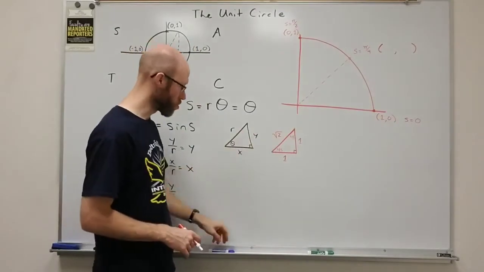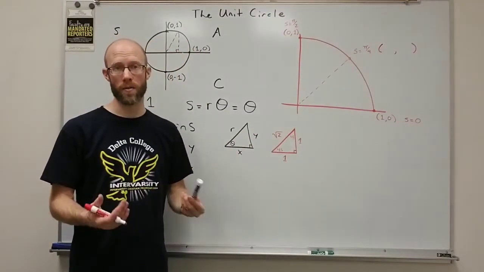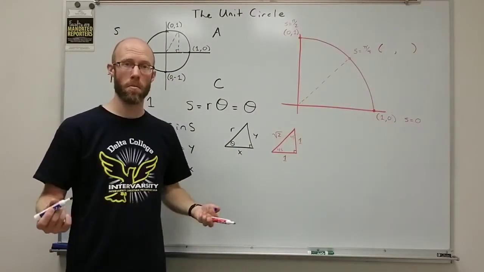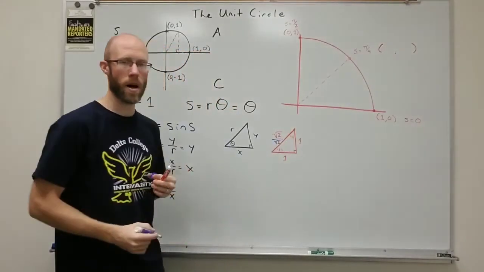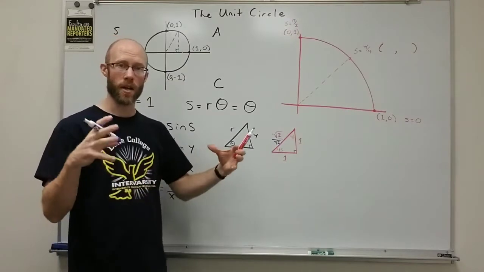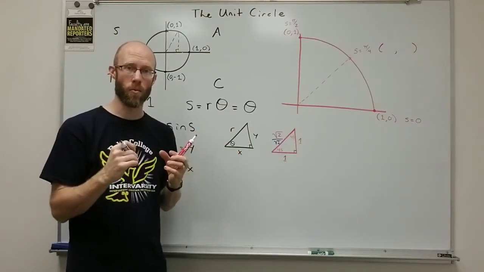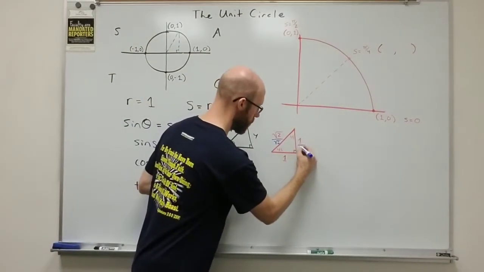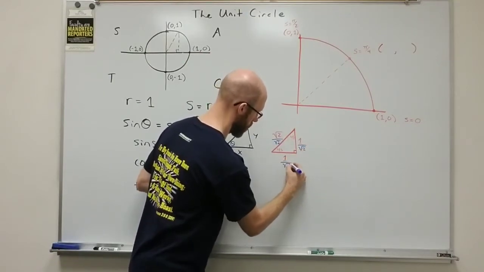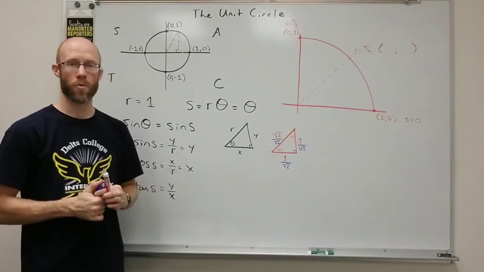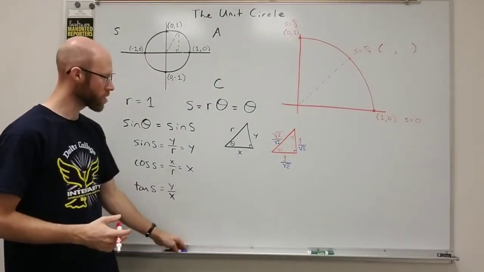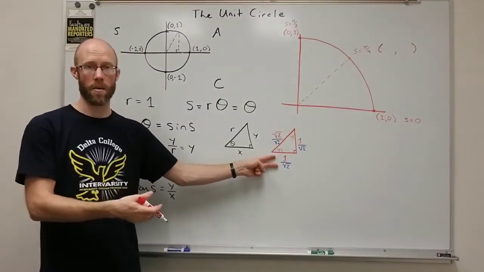So how would I change root 2 to be 1? Well, I would have to divide it by itself. I'd have to divide it by root 2. If I divide that by root 2 to make the hypotenuse 1, I've got to scale all the sides the same way. And so I'd have to divide everything by root 2. Of course, when we divide by a square root, we've got to rationalize the denominator.